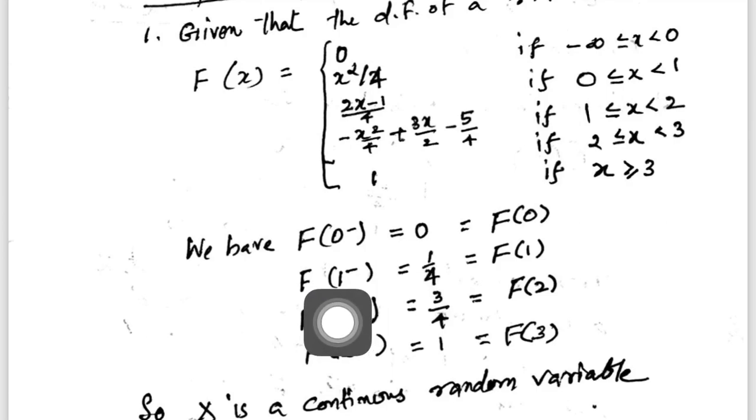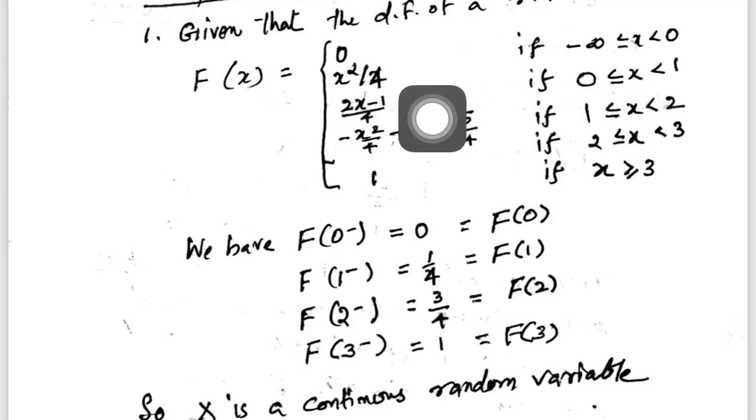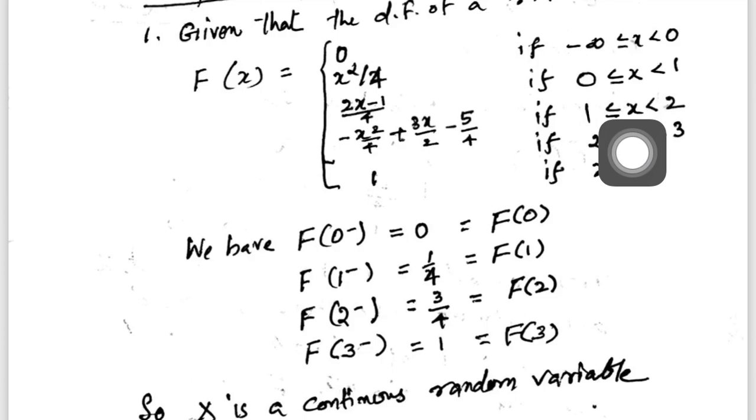And you can see that F(0-) and F(0) are both equal to 0. And what about F(1-)? When you compute F(1-), you use the formula in the second range. You put x equal to 1 in the second formula, and you get 1 by 4. For F(1) you have to use the third range.